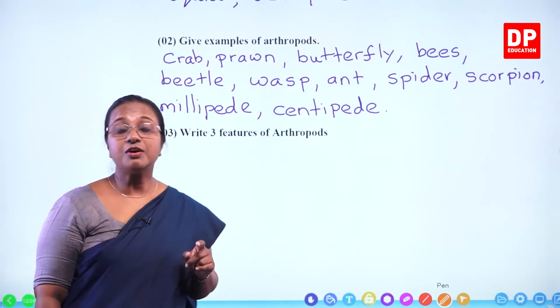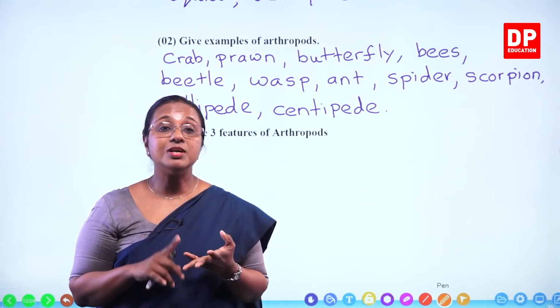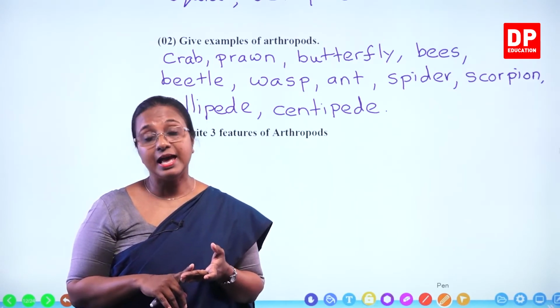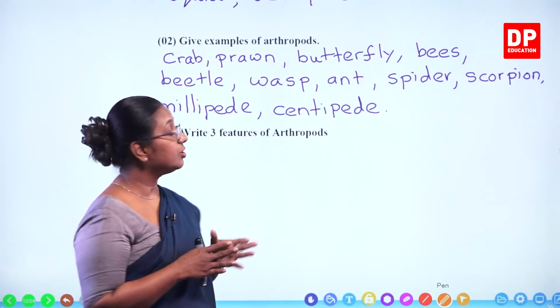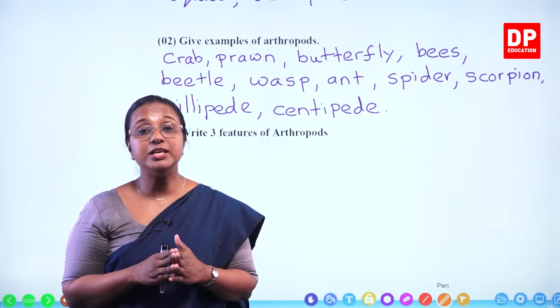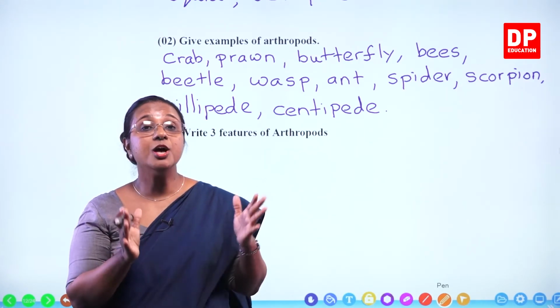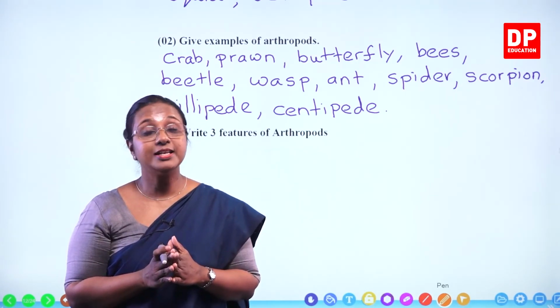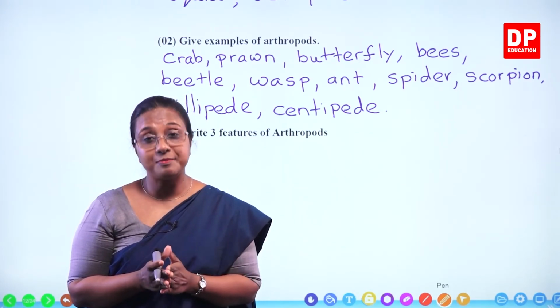Then the next question. Write 3 features of arthropods. What are the features of arthropods? Multicellular, triploblastic, coelomic animals. Then they have jointed appendages. That's why they are known as arthropods. Their body is segmented and some of the segments combine and form the functional segments called tagma. And those tagma can be head, thorax and abdomen.